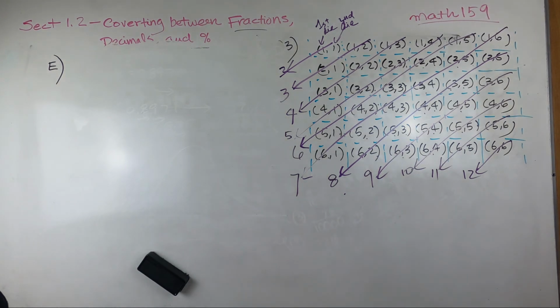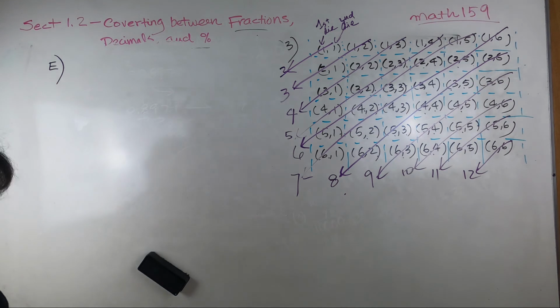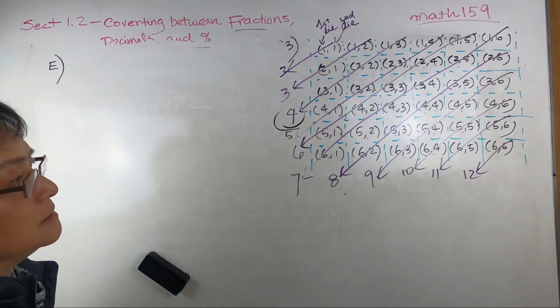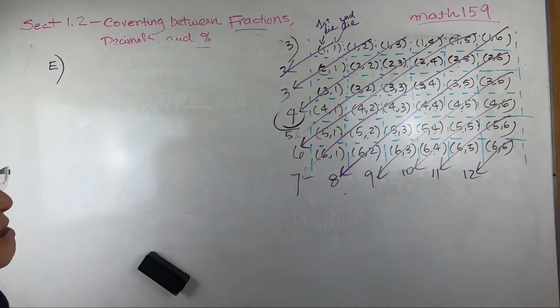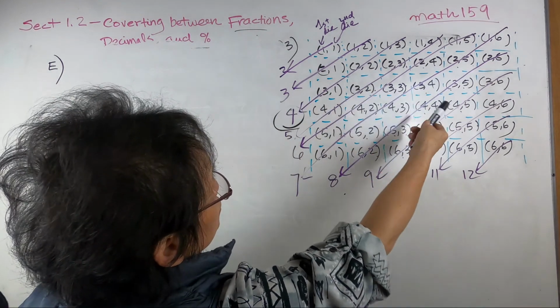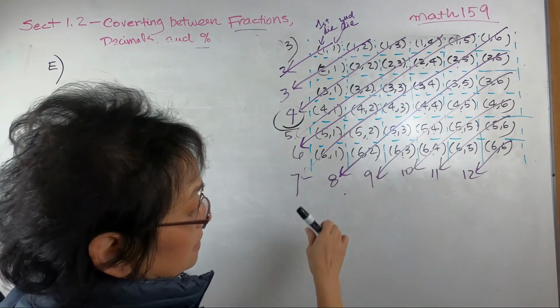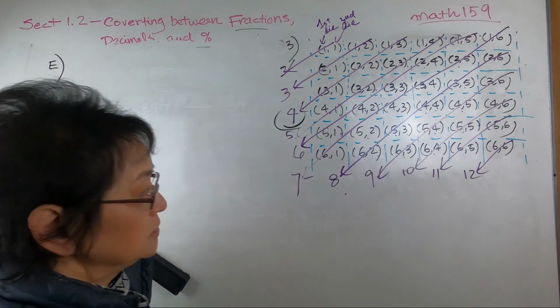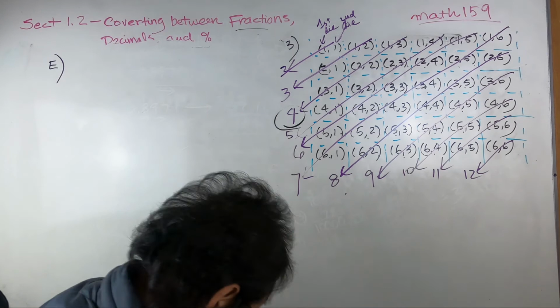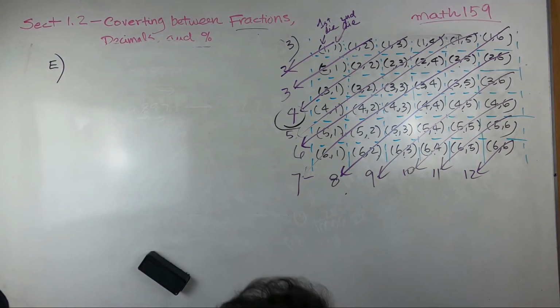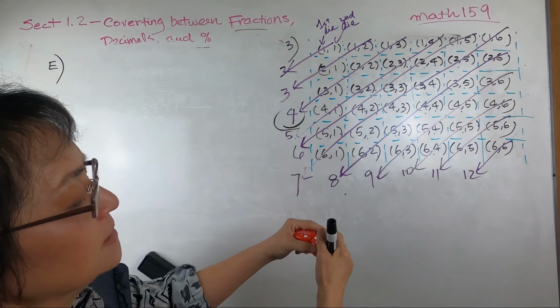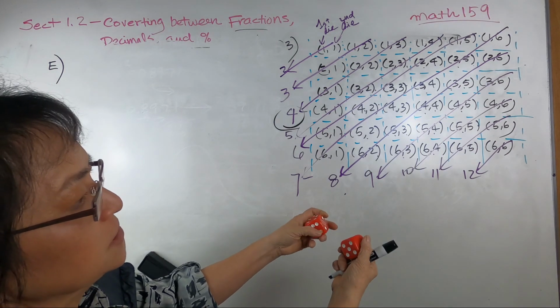Then go back to look at the question again. What was the question? What's the chance that the sum of the two is 4? So how many situations do you have? You can have 1, 1, 2, 2, and so on. Each one has 6 chances, and another one has 6 chances.